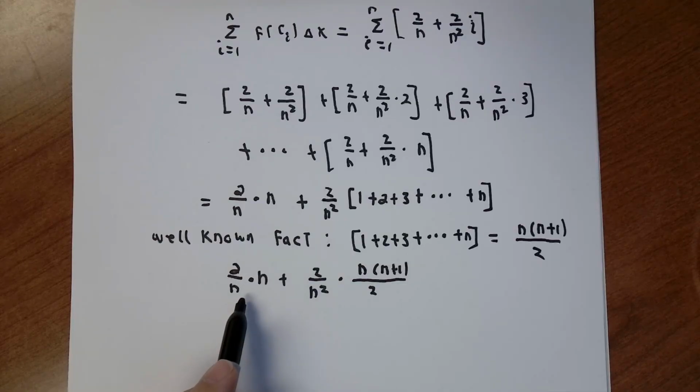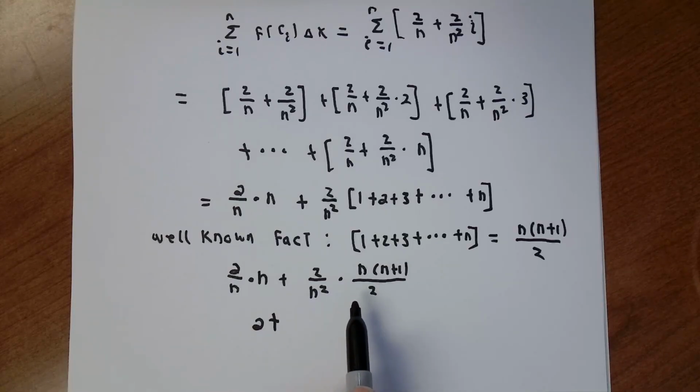This term is 2. In this term, I can cancel the 2's out. I can also cancel an n out between the numerator and denominator.